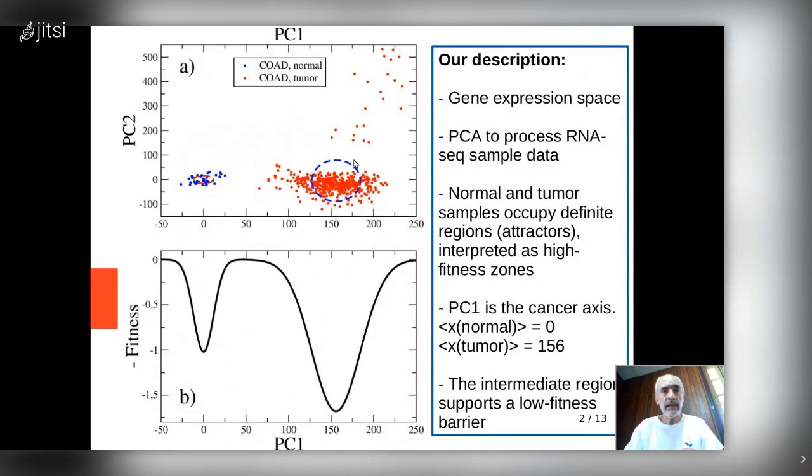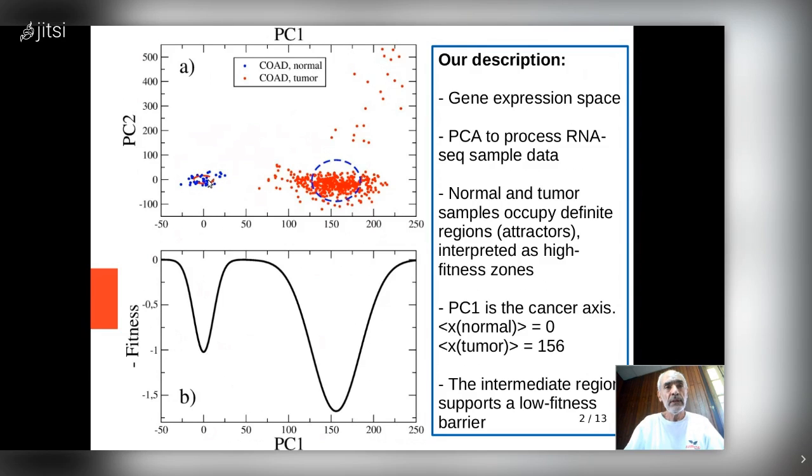These data are actual data for colon adenocarcinoma. We took it from the Cancer Genome Atlas repository, processed this data by means of principal component analysis, as I mentioned already. The positions of the center of the zones, for example, the center of the normal zone is here at the origin of coordinates. The center of the tumor zone is approximately at 156 in these coordinates.